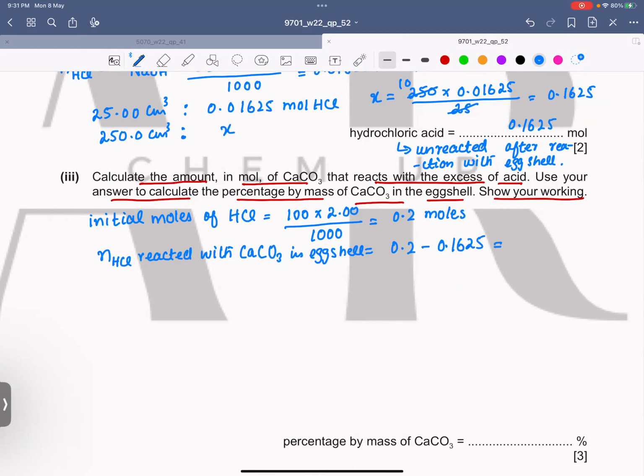Can anybody tell me the answer, please? 5, 9 minus 2, 7, and 9 minus 8. 0.0375. Okay, thank you, Ahmed. 0.0375. So these are the moles of hydrochloric acid that actually reacted with calcium carbonate in the eggshell.